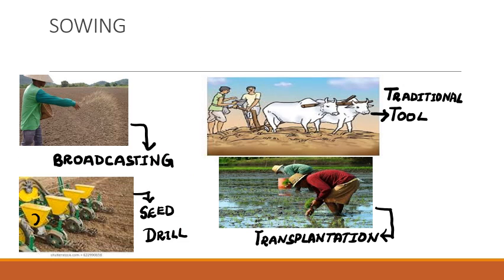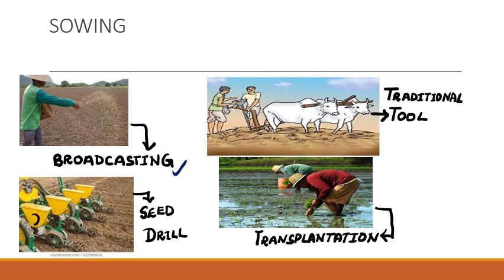After preparing the soil, the field becomes ready for sowing the seeds. Sowing is the process of planting seeds in the prepared soil. Usually farmers prefer to use seeds which give a high yield. Now the sowing of seeds is done in four ways. The first one is broadcasting.